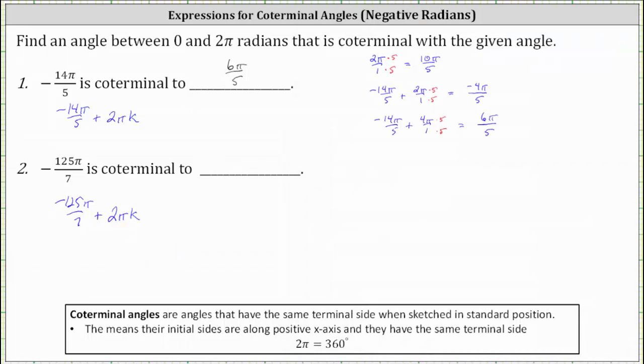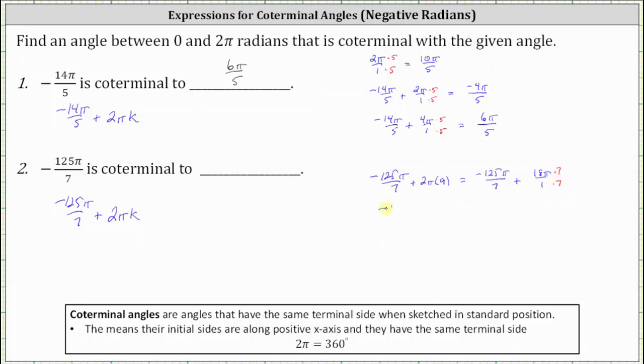So when k is equal to 9, we have negative 125 pi divided by 7 plus 2 pi times 9, which is equal to negative 125 pi divided by 7 plus 18 pi, or 18 pi over 1. The common denominator is 7.